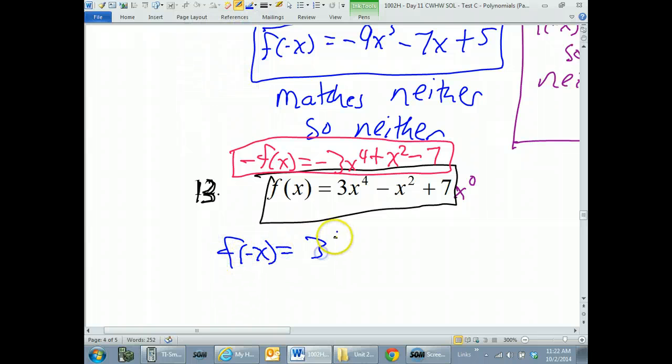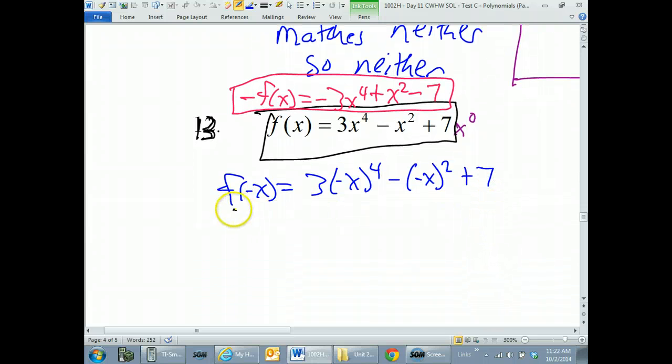So that's going to equal 3 times negative x to the fourth power minus negative x squared plus 7. Because these are all even powers, all of those negative signs inside the parentheses are going to go away. So I'm just going to have 3x to the fourth power and minus x squared, because that negative goes away. The negative out front's not going anywhere. It's not in the parentheses. And then plus 7.